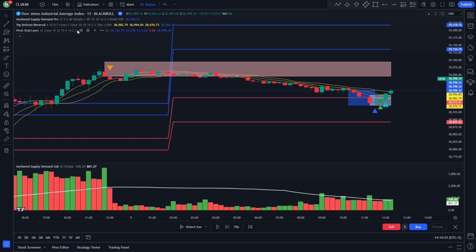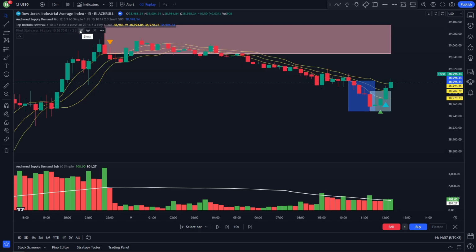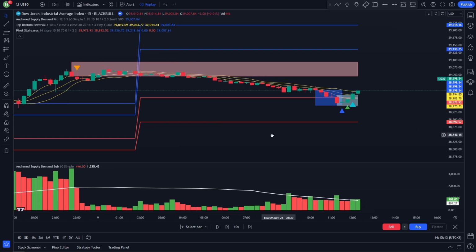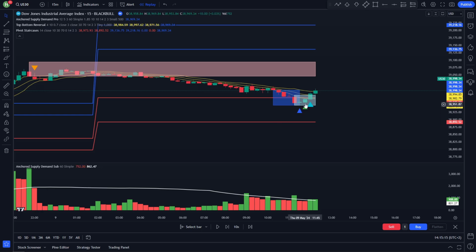On top of this, we need the pivot staircases to also show a bullish reversal alert, which will be marked as follows. The pivot staircases uses a proprietary algorithm to detect when price has become overbought or oversold. Lastly, we are waiting for price action to reject away from a tested or anchored demand zone. This will look as follows.